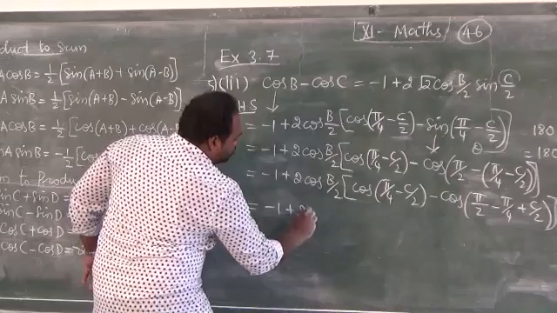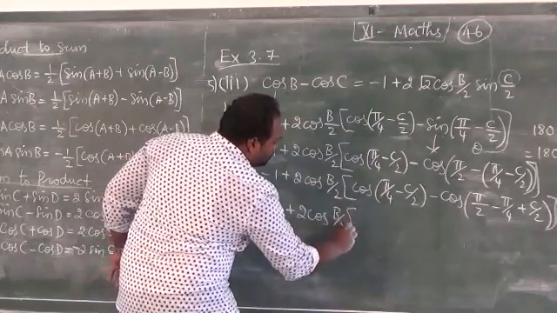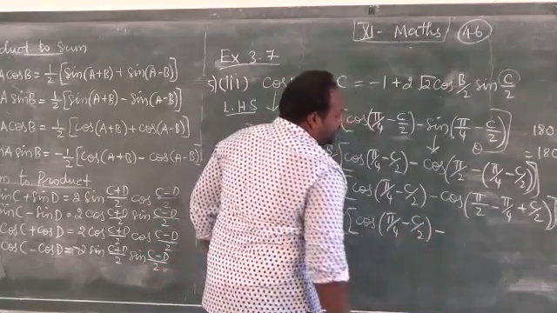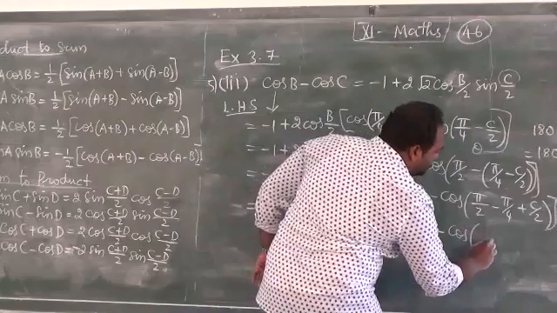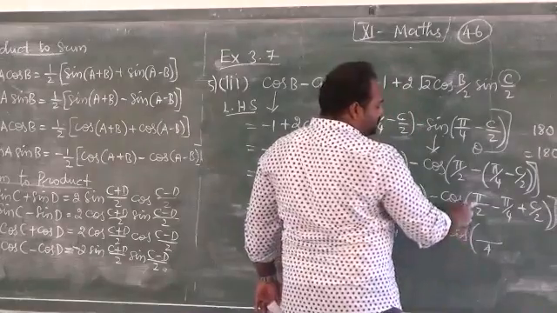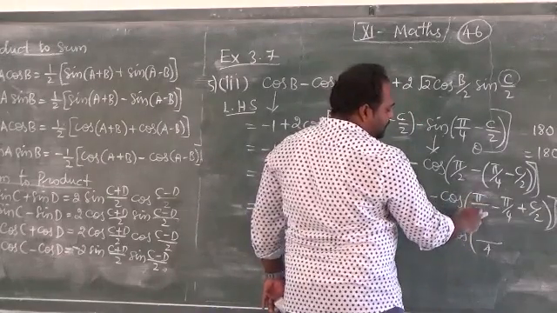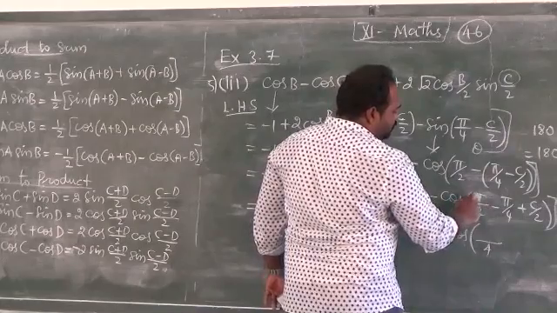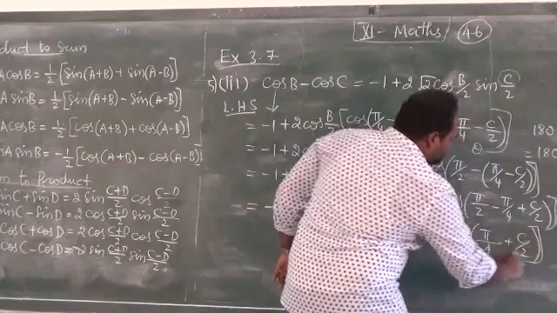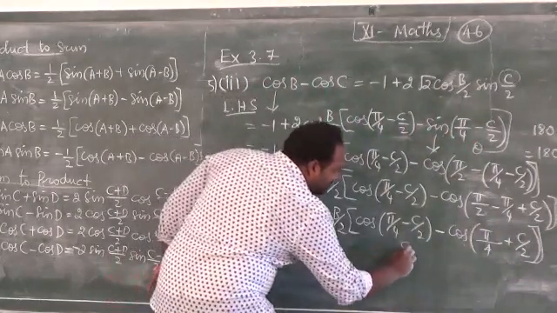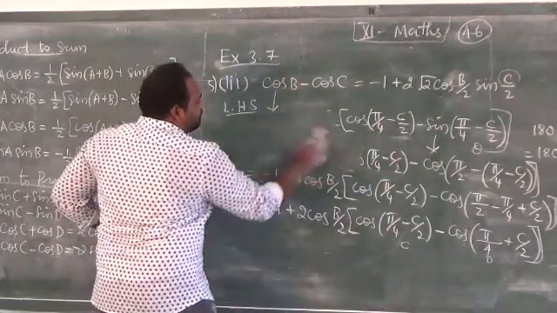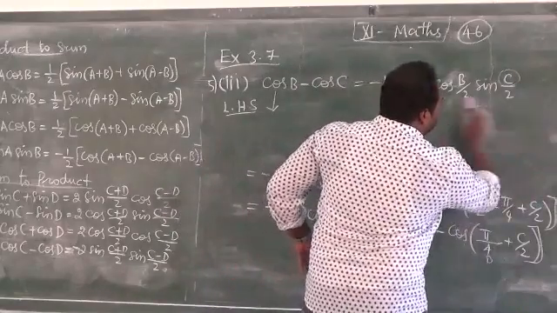Minus 1 plus 2 cos of B by 2, cos of pi by 4 minus C by 2 minus cos of, the common denominator is 4, 2 in numerator, 2 in denominator, so 2 pi minus pi by 4 plus C by 2. Now we are getting the cos C minus cos D form. Here I can use the cos C minus cos D formula.